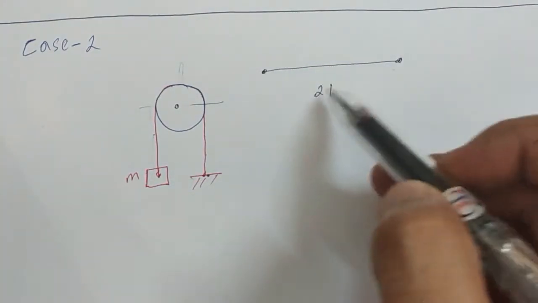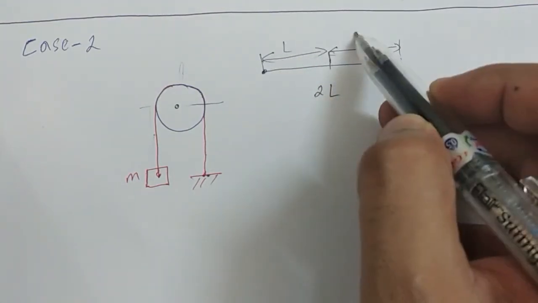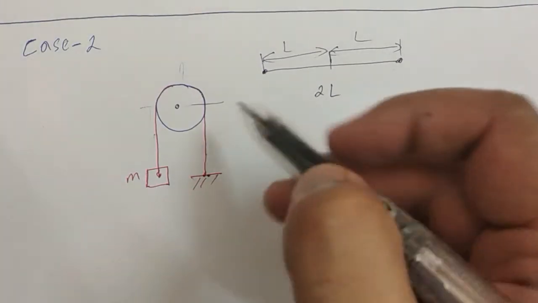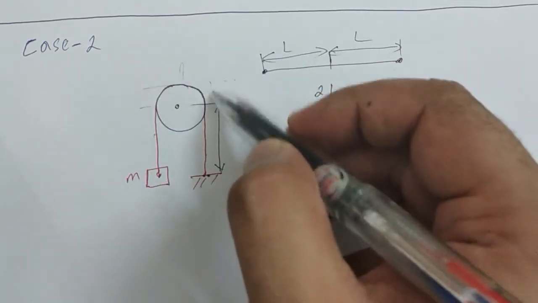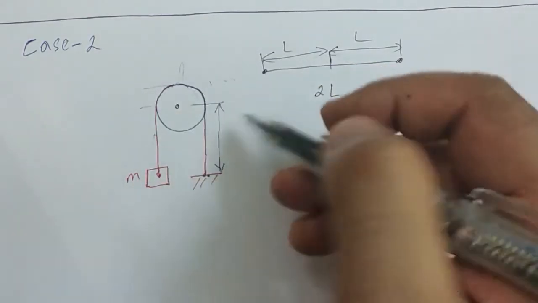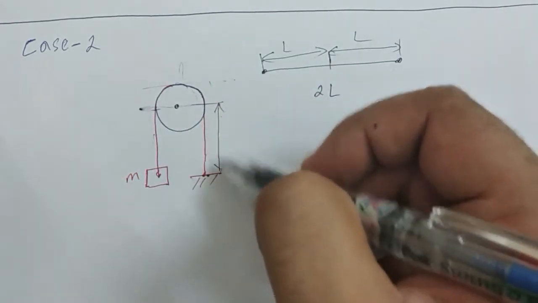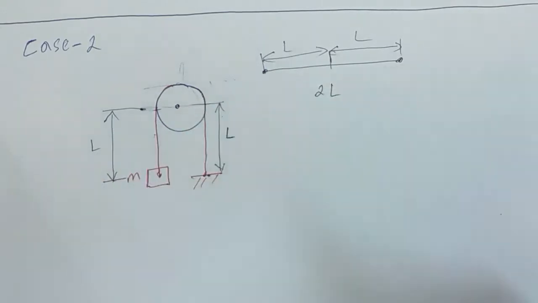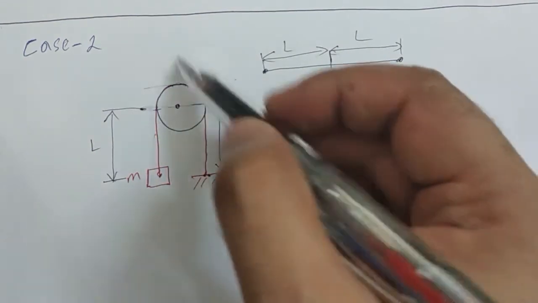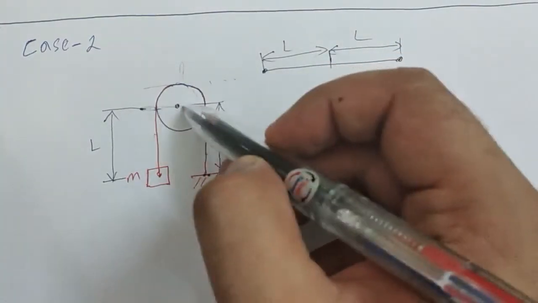Let the length again be 2L, such that half of its length is L and the other half is also L. Here, instead of taking the length from this point, considering the whole half length, we will only consider the length from this point, such that this side of the string has length L and the other side also has length L.